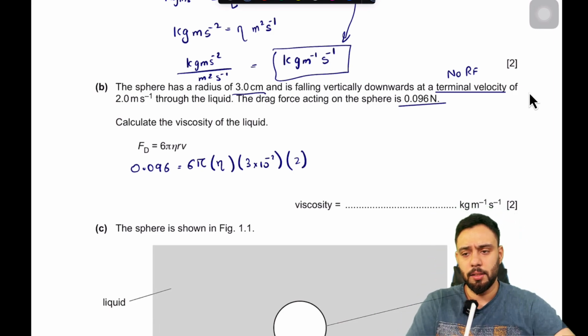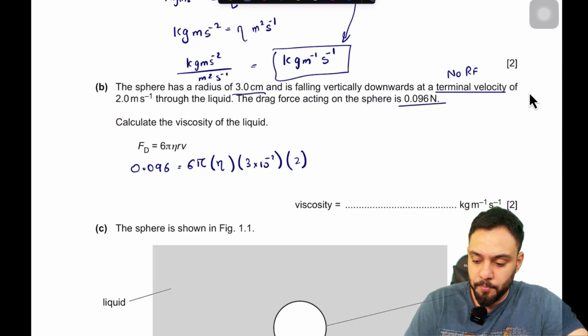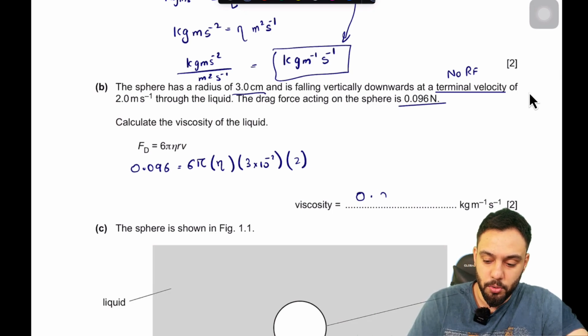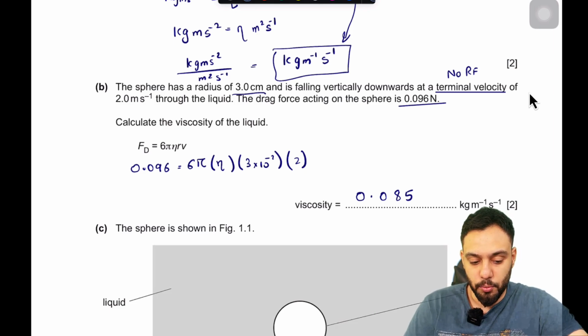Pick up your calculator: 0.096 divided by 6 pi, times 3 times 10 to the power negative 2, and then 2. Just plug everything into the calculator. You will get the viscosity as 0.085. That's the viscosity that I'm getting.